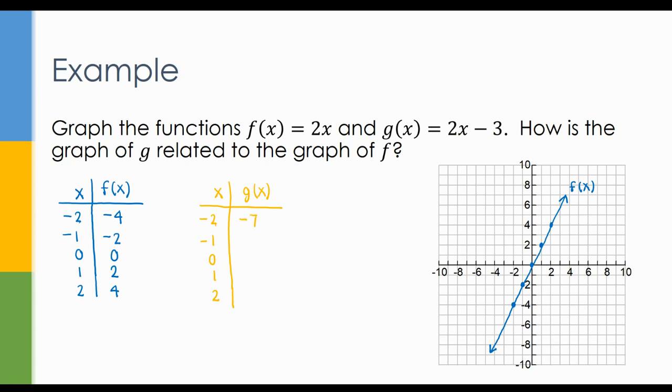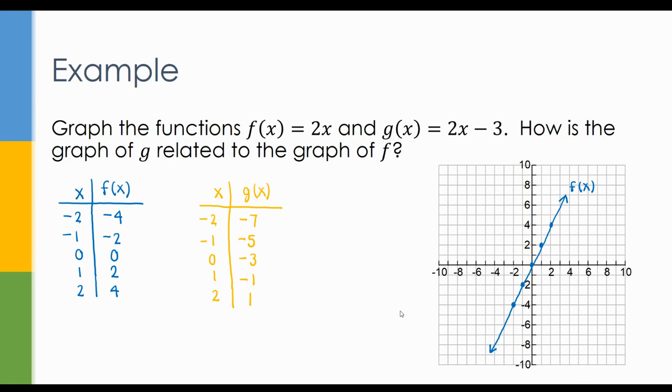So that's going to give me -7. -1 times 2 is -2, then I subtract 3, so I'll get -5. 0 times 2 is 0, then I subtract 3, we get -3. 1 times 2 is 2, 2 minus 3 is -1. 2 times 2 is 4, 4 minus 3 is 1.